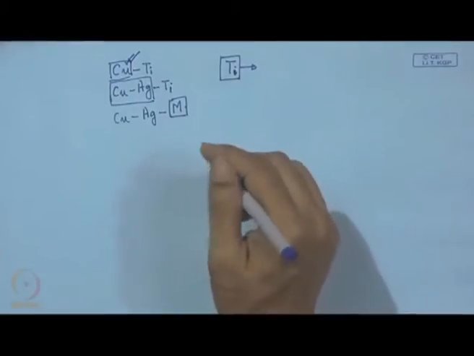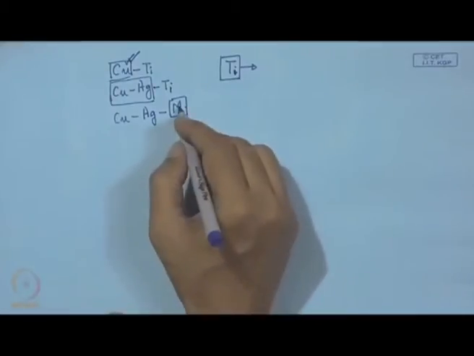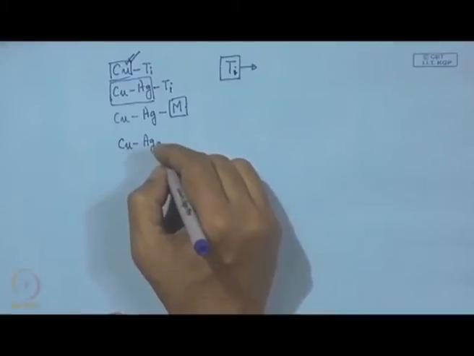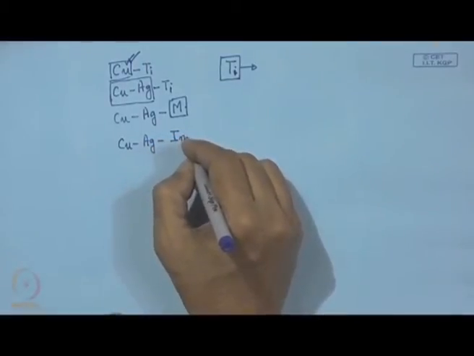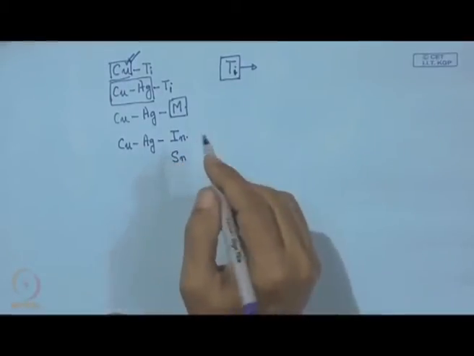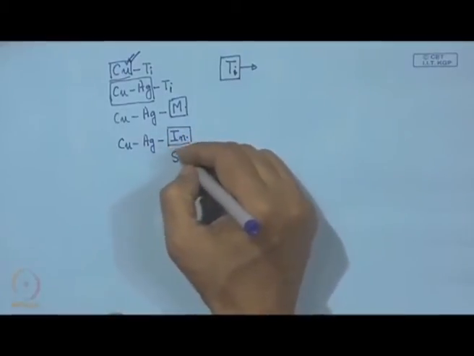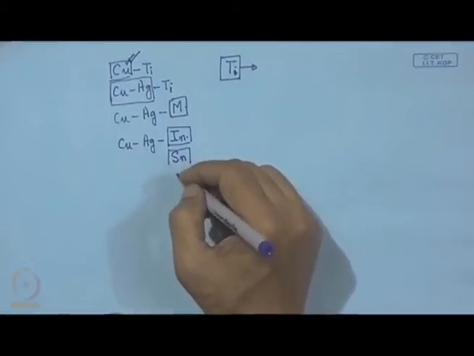In this case, for example, we can replace this M by either indium or tin. Now, what is the role played by this indium or tin?